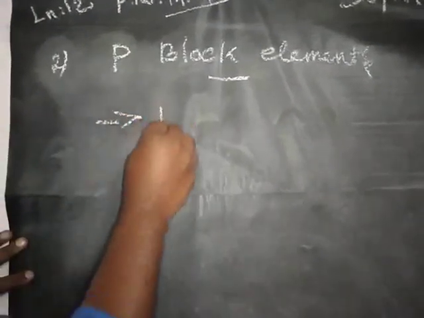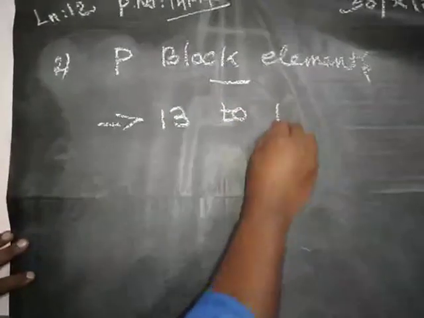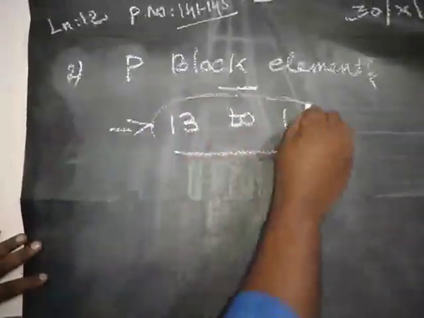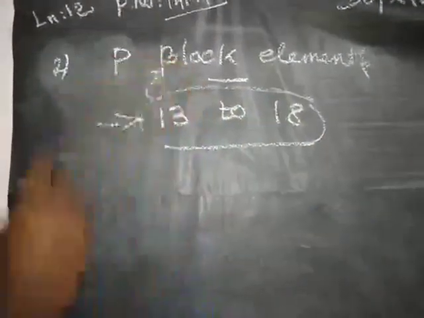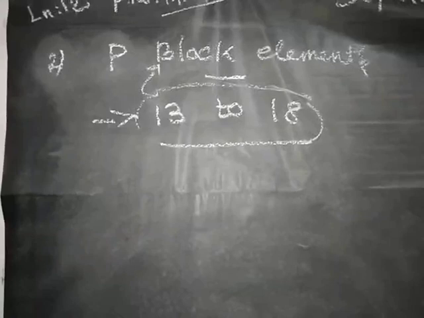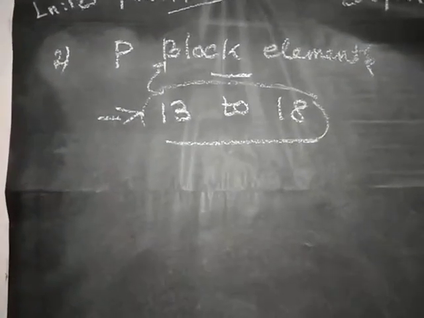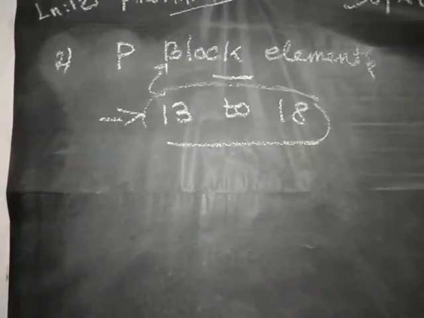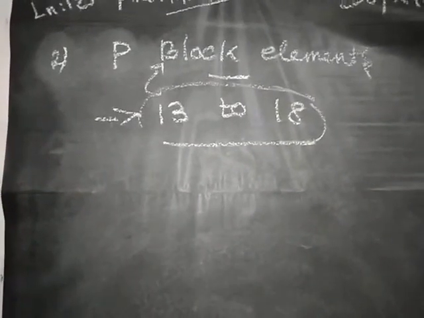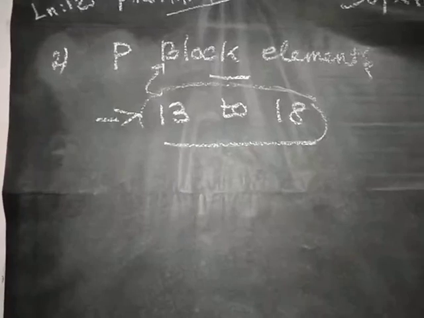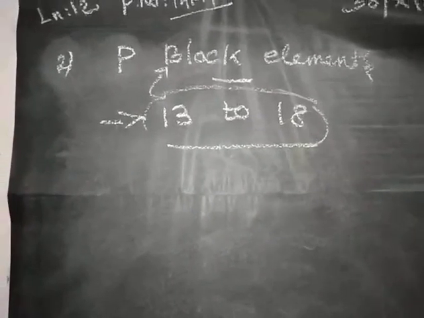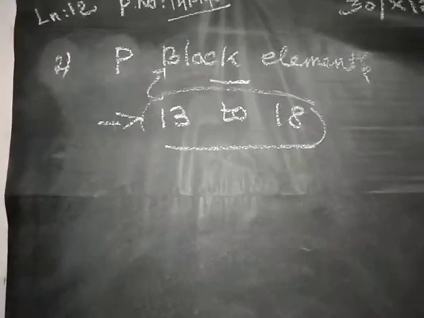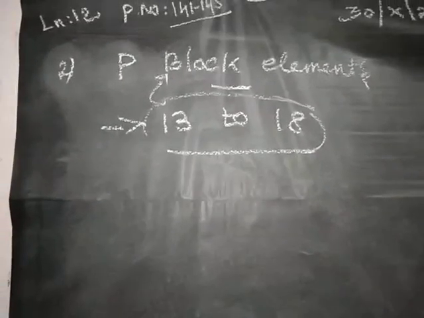Groups 13 to 18 come under the category of P block elements. What families do they include? The 13th group is known as the boron family, then the carbon family, nitrogen family, oxygen family, halogens and noble gases.